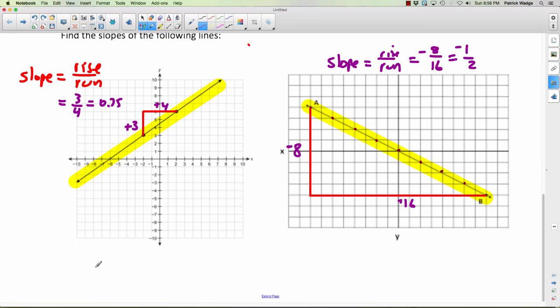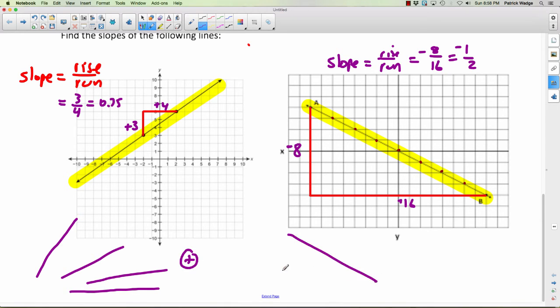So you have to get used to the idea that lines that move in this direction, like this, or really steep lines, or not very steep at all, but a little bit, these are all positively sloped lines. But lines that go down like this, really steep like this, these are all negatively sloped lines.